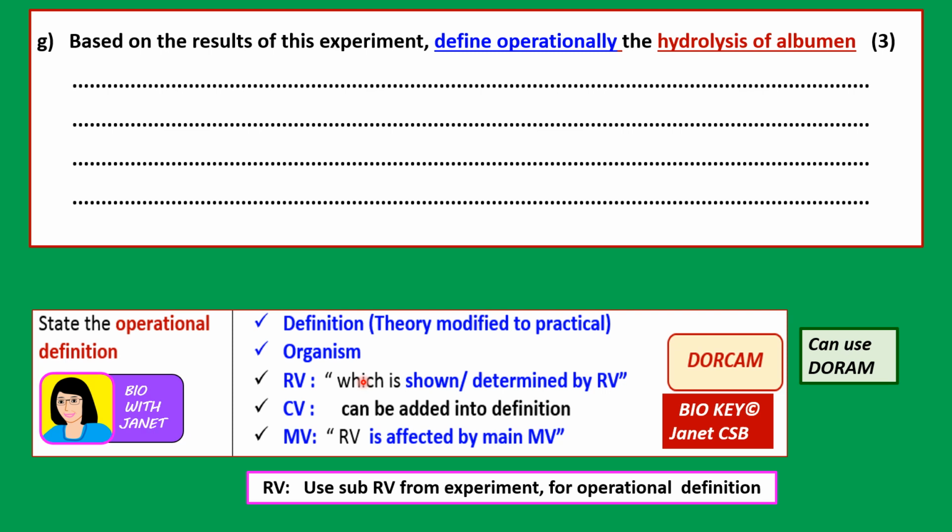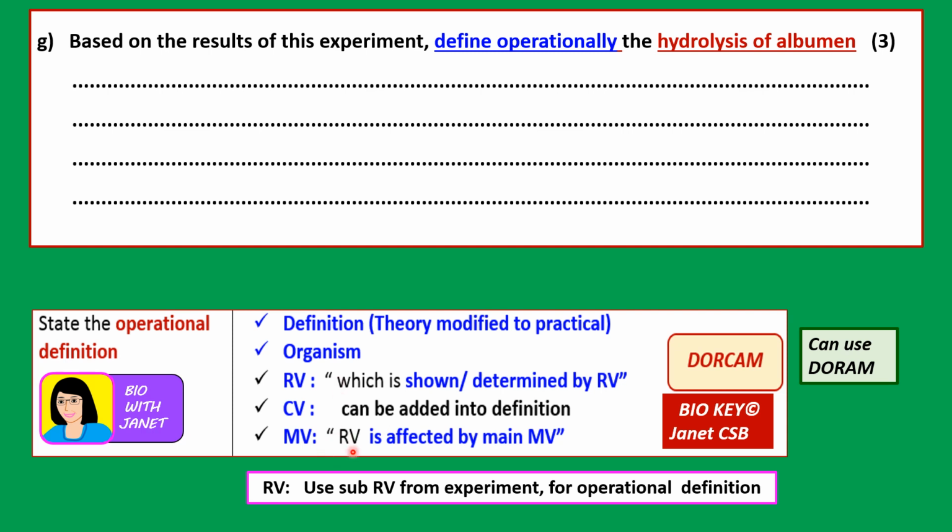First, the definition, and remember to state the organism if there's any, or the substances used, and then RV, which is shown or determined by the RV. Now CV may be added to the definition, but so far it is just optional. That means this may not be a compulsory requirement, but you must have RV and MV.